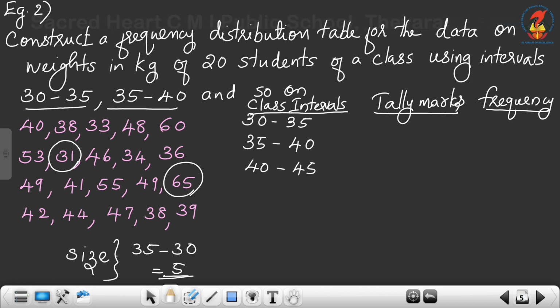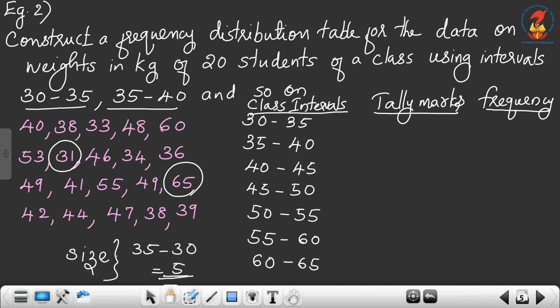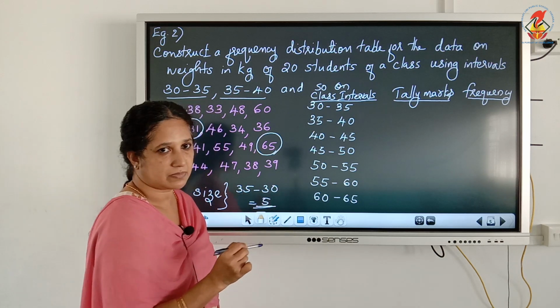Everywhere the size of the class interval is 5. So 40 to 45, next is 45 to 50, then 50 to 55, 55 to 60 and 60 to 65.